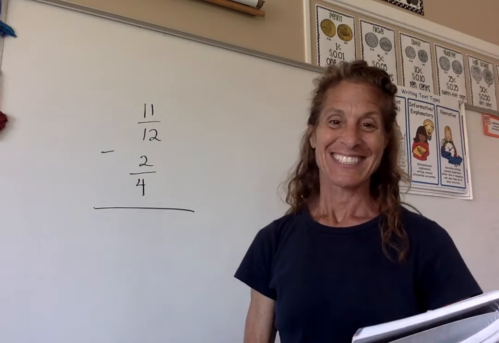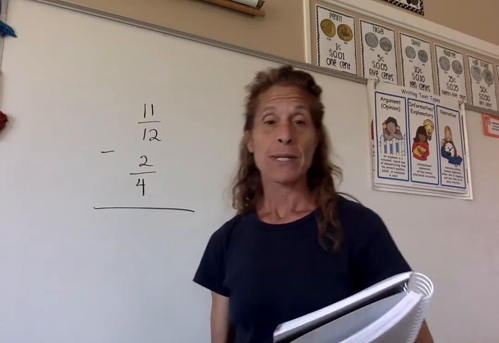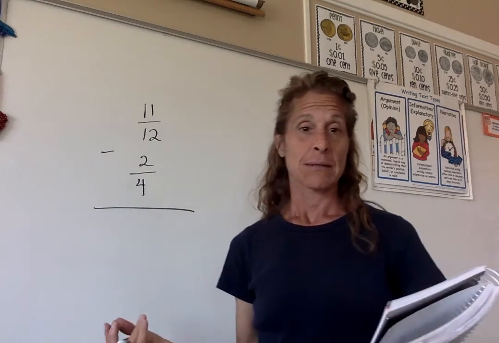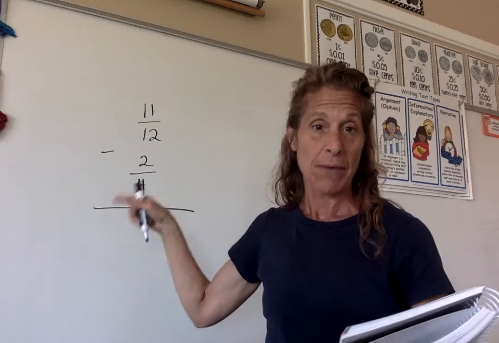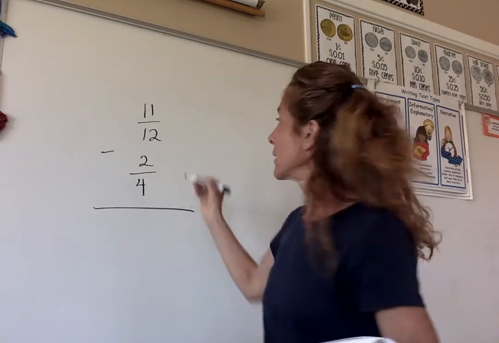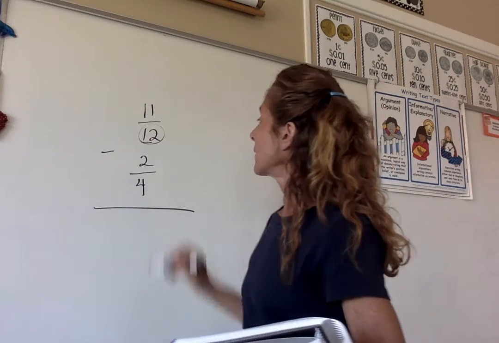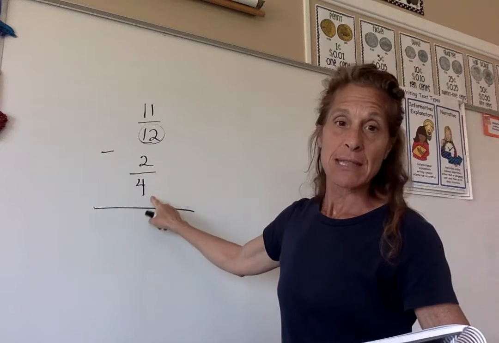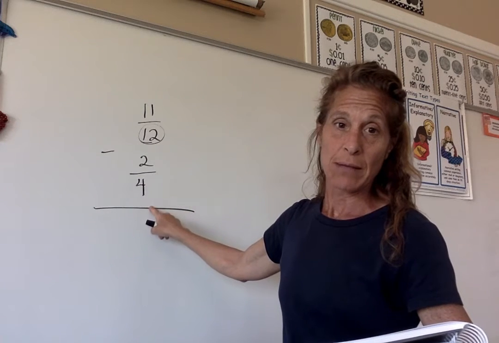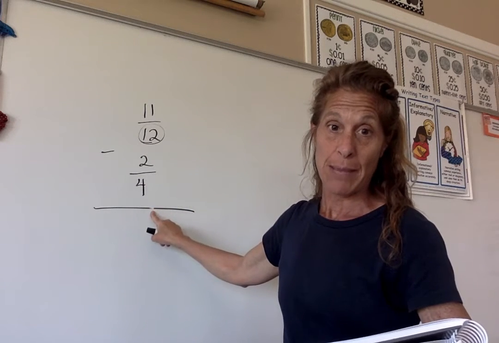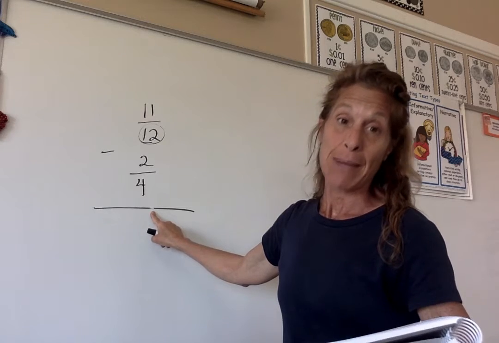Okay? So, what's my common denominator going to be? Is there a number up here that I can use already? Sure, the 12. Okay? So, if I need to make this 4 and turn it into 12, what do I need to do? What do I need to multiply it by? I need to multiply it by 3.